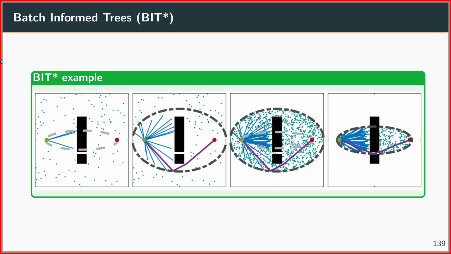Would it still find this? Yeah, it shrinks depending on the solution cost, right? So the solution would always be inside and the cost would always define the size here.